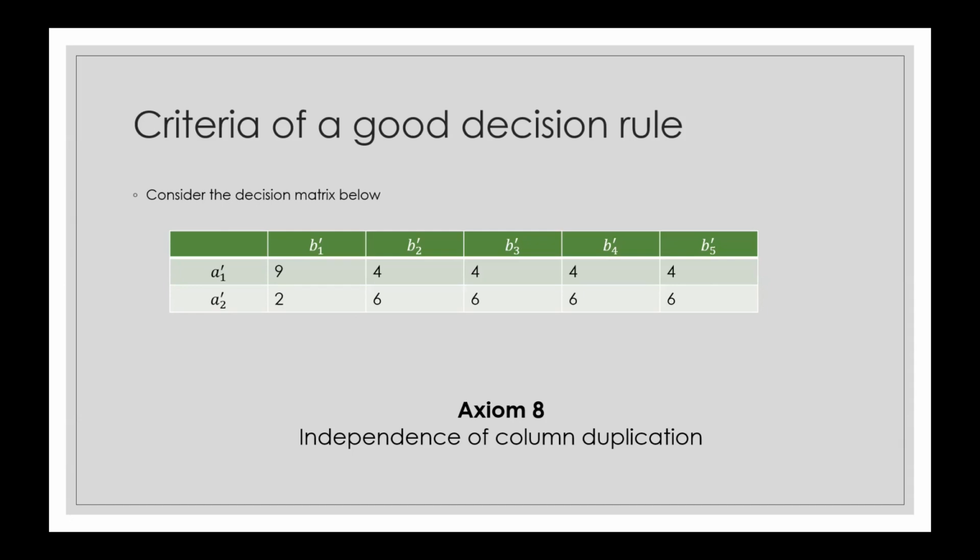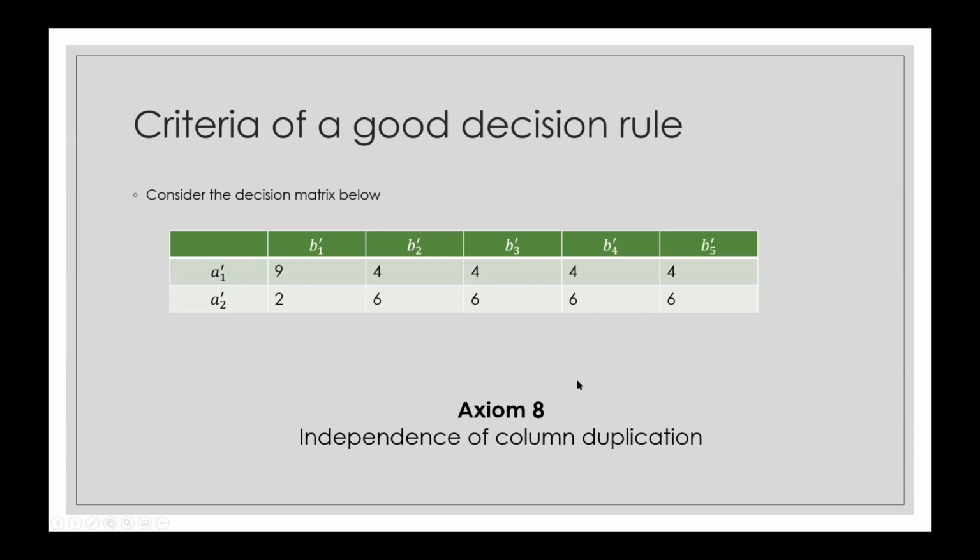So that is the motivation behind axiom 8. If it is really a decision under ignorance, even if there are 100 states of nature, but the second to the 100th just give me the same outcome, I can just collapse them into just one state of nature and still select the action with the most preferred outcome.